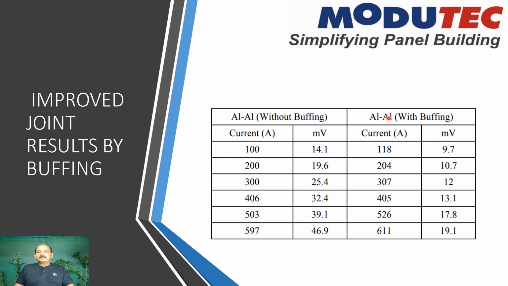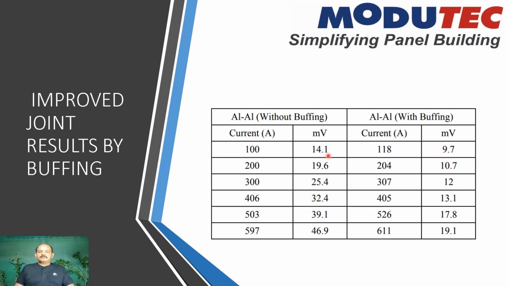After buffing, the surface you have made smooth and very flat. So the current is also increasing; 118 amps we are able to give. If you give that, the millivolt drop is only 9.7.